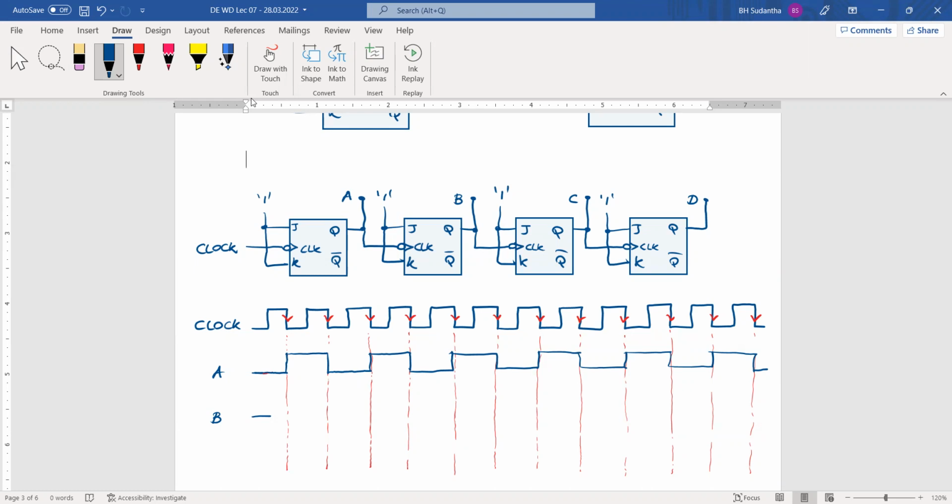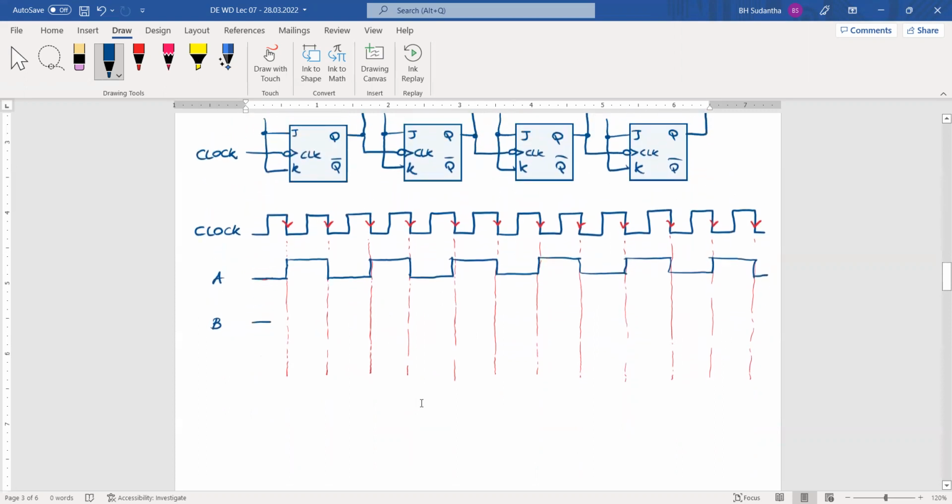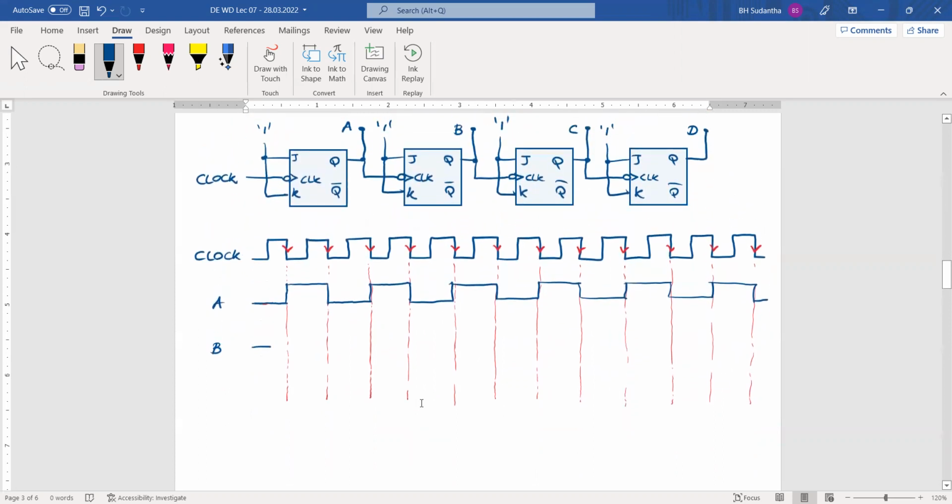Because to draw B, we have to consider its clock input. Its clock input is A. We have connected A to the clock input of the second flip-flop B. Then we can draw the B output considering the A output. The falling edges of waveform A are responsible for changing the output B.